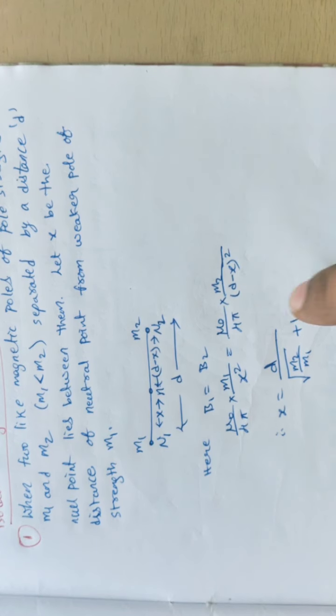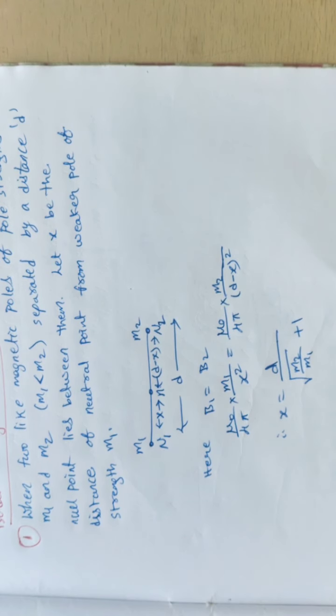Here mu naught by 4 pi and mu naught by 4 pi will cancel. On simplification, finally we get x equal to d divided by (root over m2 by m1 plus 1). What is the relation we are finding here? x is equal to d divided by (root over m2 by m1 plus 1).